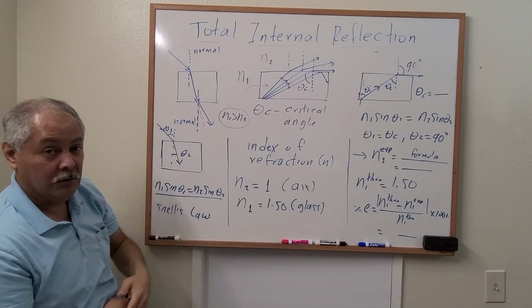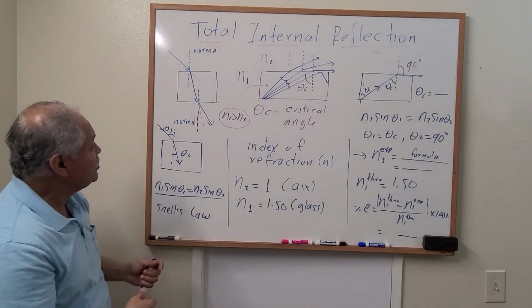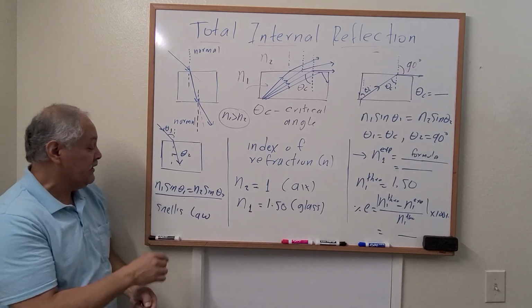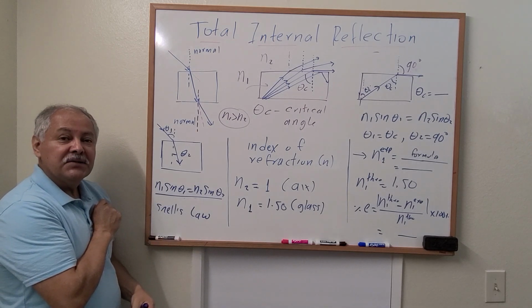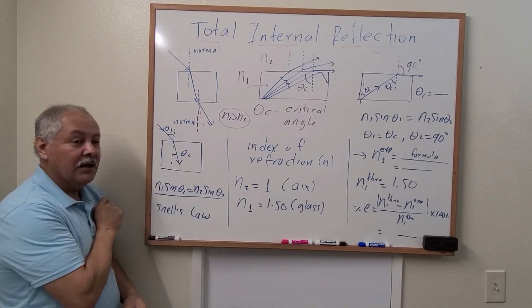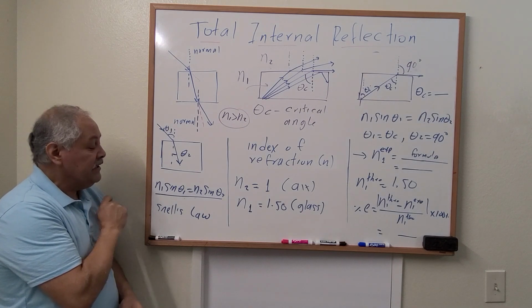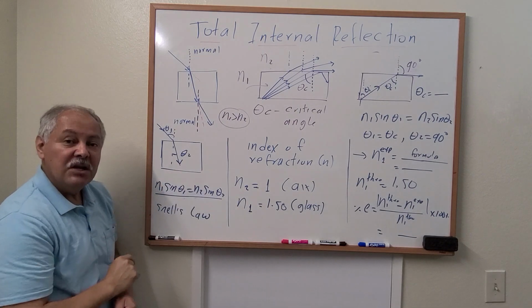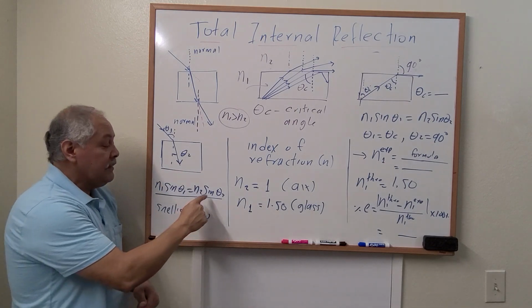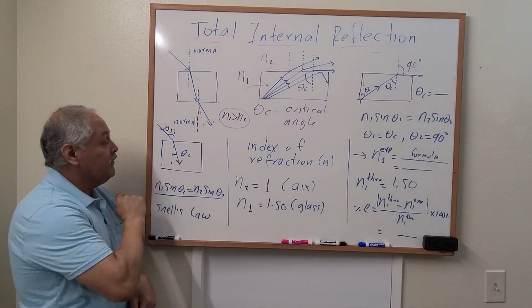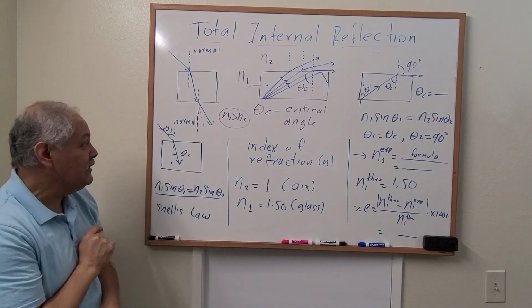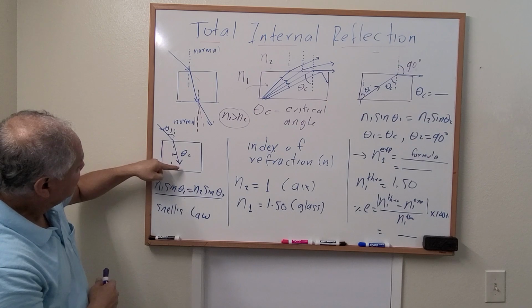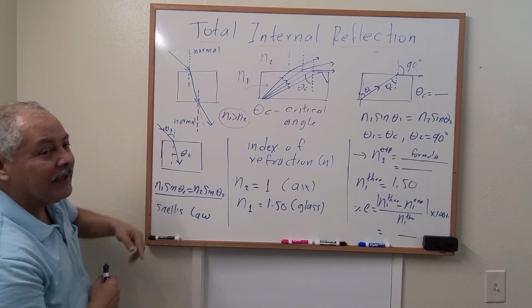To do this, we follow Snell's law, which says that the incident index of refraction times sine of theta, the incident angle, equals N2, the index of refraction of the second medium, times sine theta 2, the refracted angle. This is a picture: we have the incident ray, the refracted ray, the incident angle and the refracted angle.